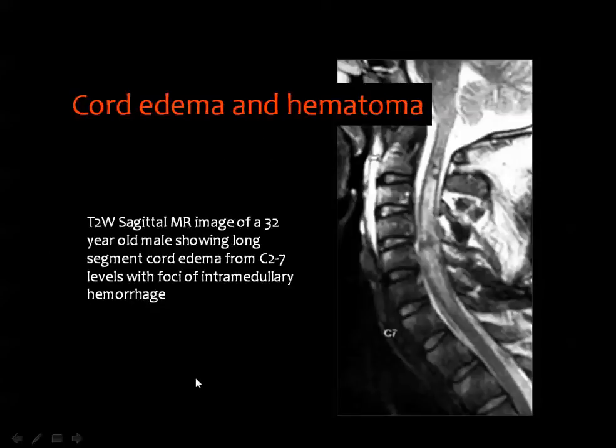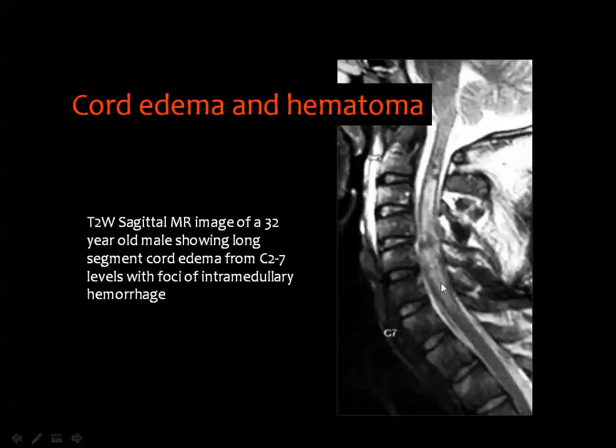Then cord edema will appear of bright signal in the T2 and intermediate or low signal in the T1, while hemorrhage will appear, if it is in the subacute phase, of bright signal in both pulse sequences. If hemorrhage is in the acute phase, you will see low signal in the T2 weighted images and also intermediate signal in the T1, and you may not appreciate this acute blood in the T1 weighted images.